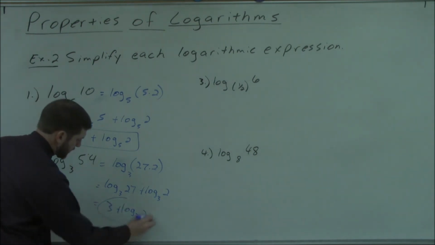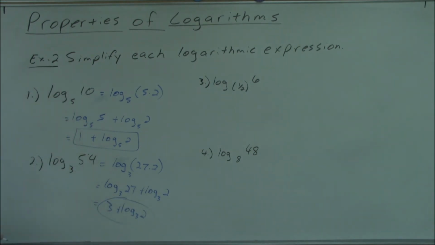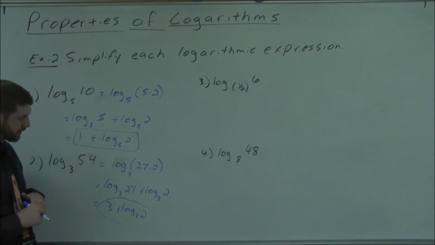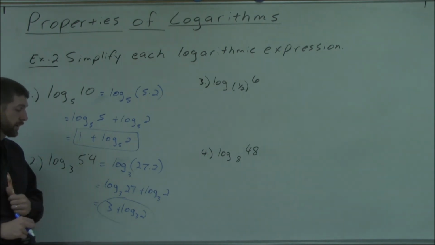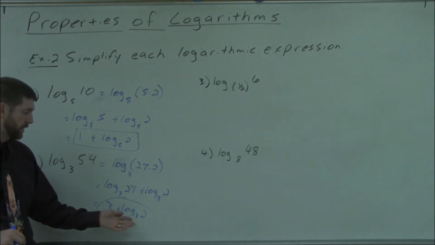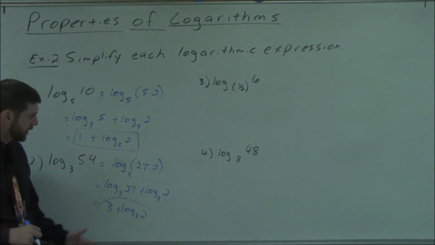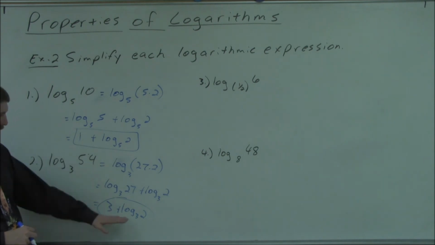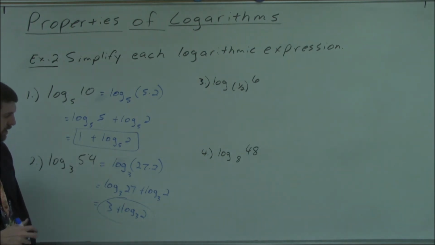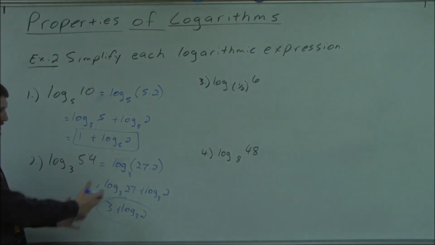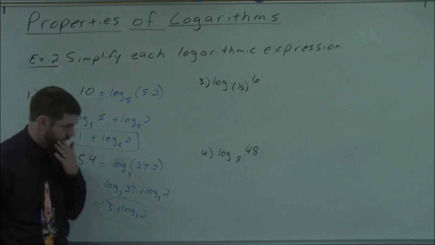So you should get something very similar to that. And I say similar because there are actually manipulations you could do to get realistically infinitely many, because change of base formula allows us to make the base whatever we want it to be. We have infinitely many expressions that are equivalent to this, but it should be something very similar to that form.